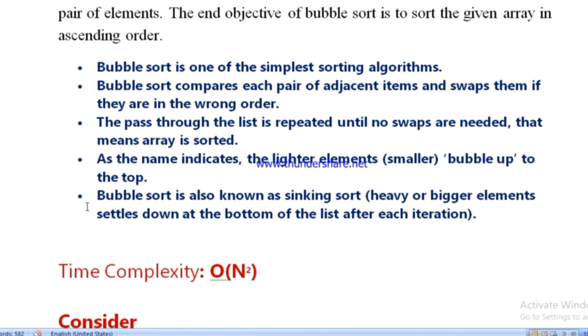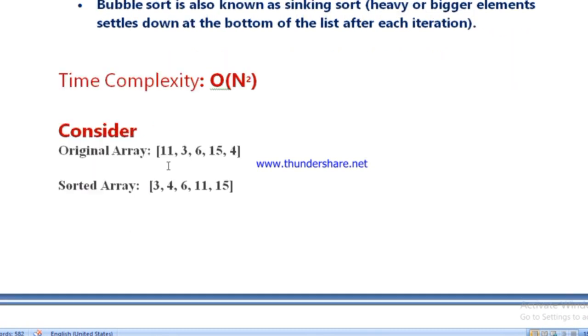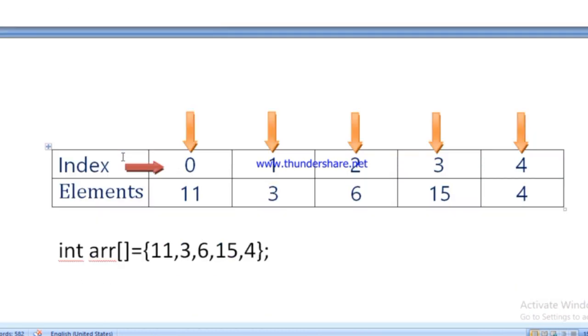Last point, number 5, bubble sort is also known as sinking sort. Heavier, bigger elements settle down at the bottom of the list after each iteration. And the complexity of bubble sort is big O of n to the power 2, O(n^2). I have mentioned arrays here with some array elements.